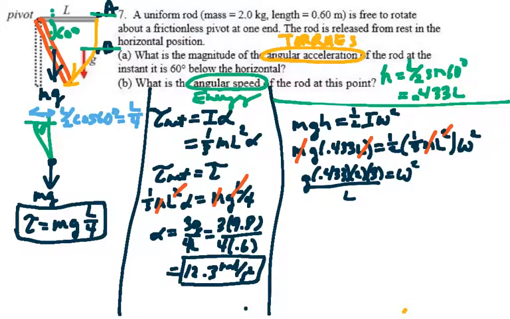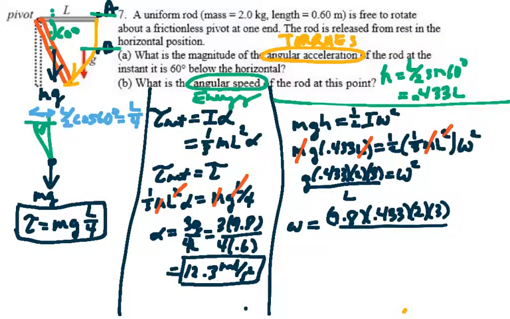Or omega is going to equal the square root of 9.8 times 0.433 times 2 times 3 over L, which is 0.6, and that is equal to 6.51 radians per second.